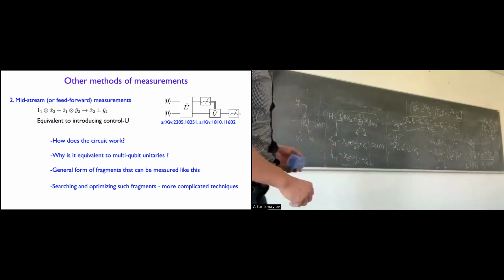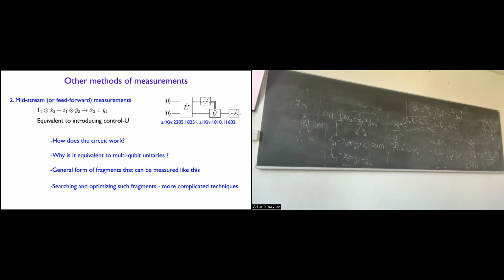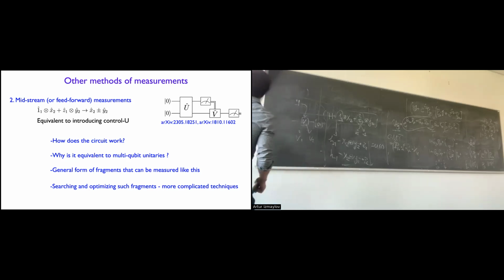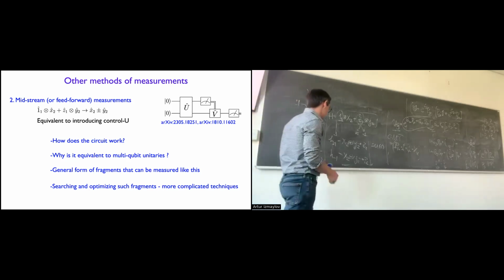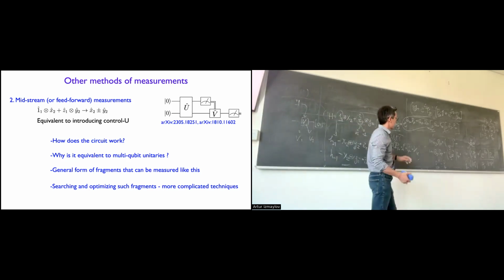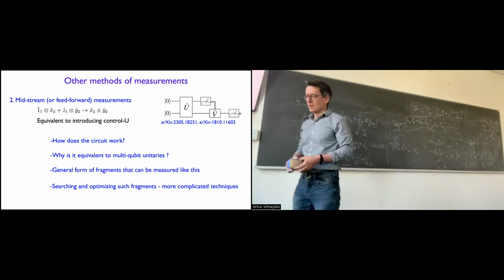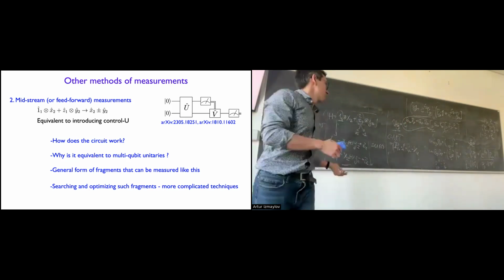All right, but with all that, I guess we have a recent publication 2305, the first archive reference there, where we discuss how the fragments could be found, in fermionic space and qubit space.